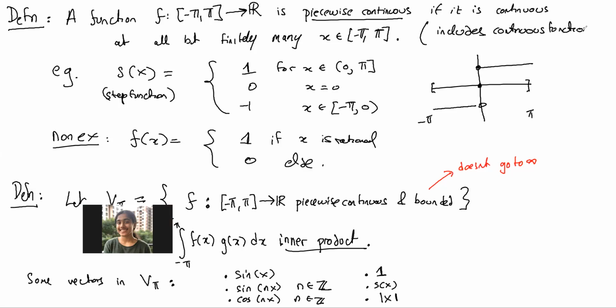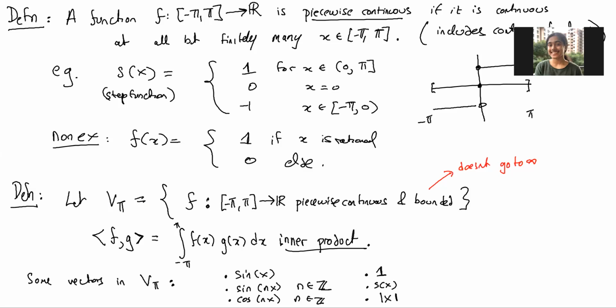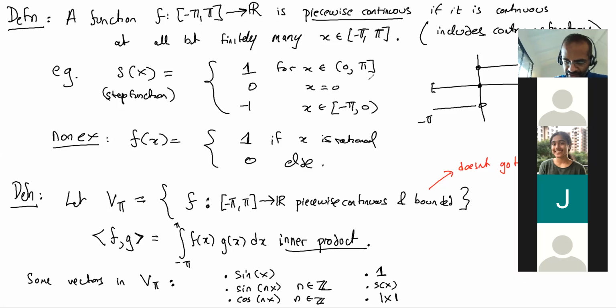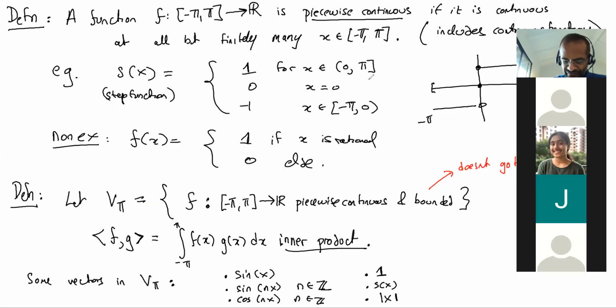Okay. And also, sorry, but could you explain again why that's a non-example? The 1 if x is rational and 0 otherwise? That is a bit beyond the scope of this course. We'd have to get into the definition of a derivative and so on.